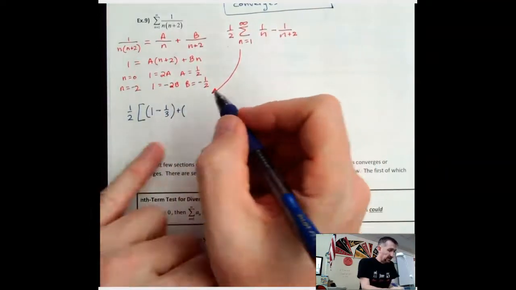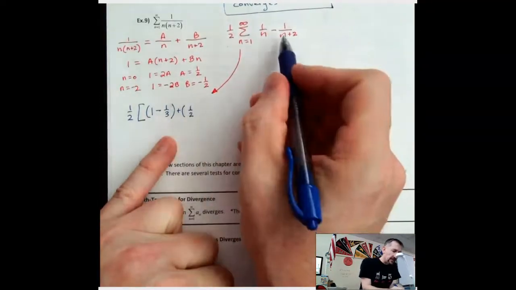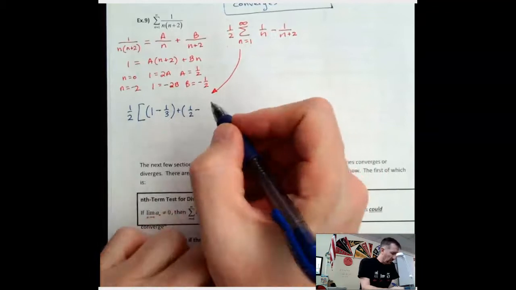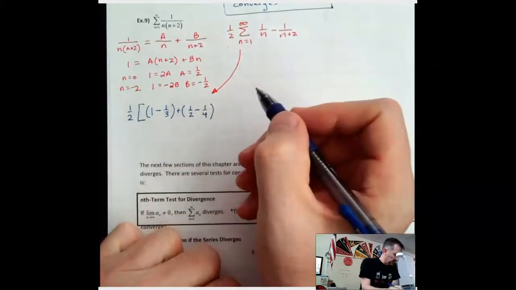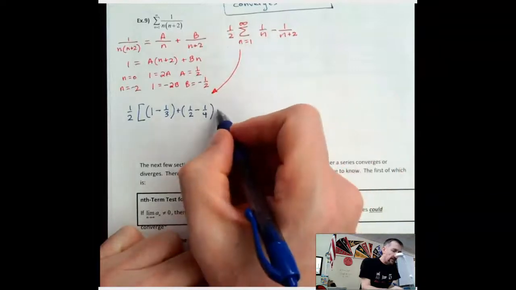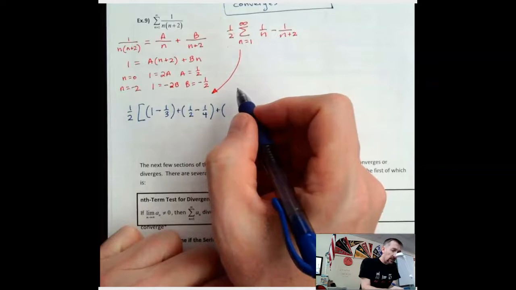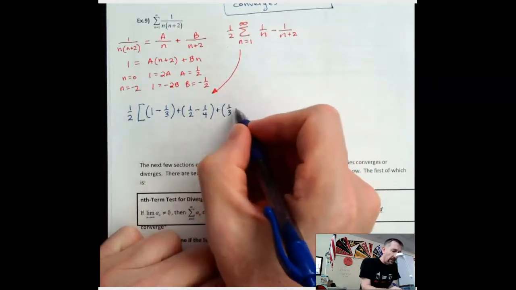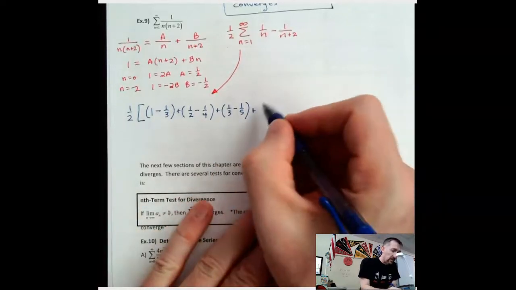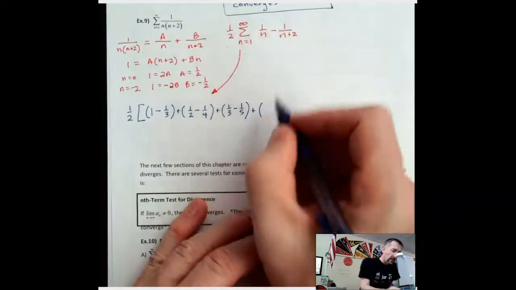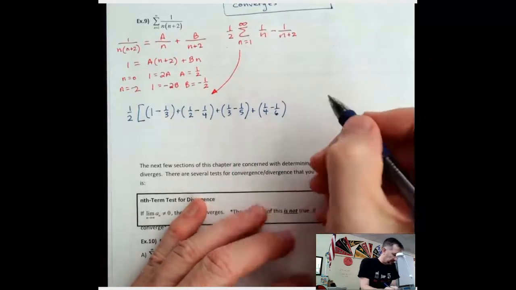And then if we plug in 2, we're going to have 1/2 minus 1/4. Okay, and then if we plug in 3, we're going to have 1/3 minus 1/5. And we'll do one more. If we plug in 4, we have 1/4 minus 1/6.